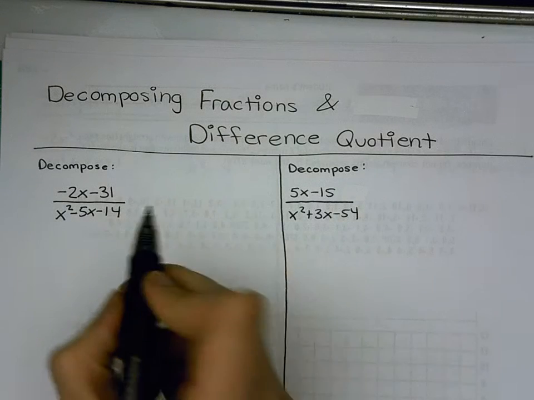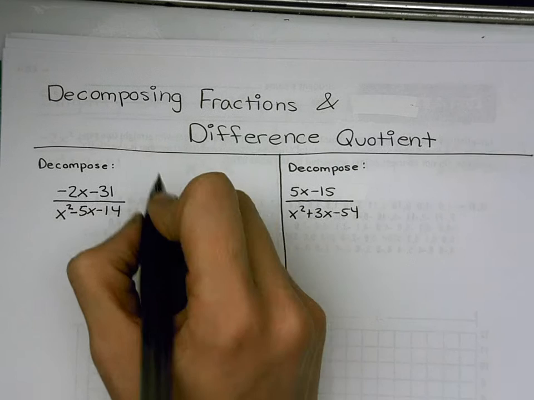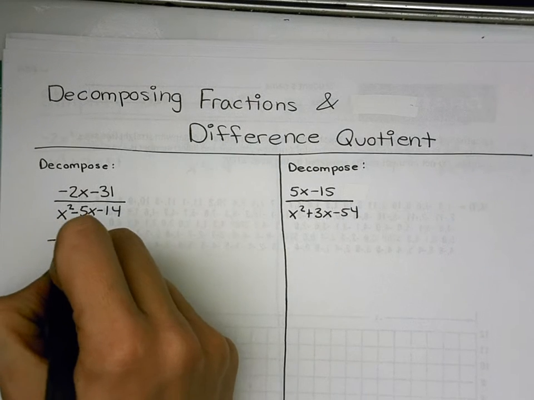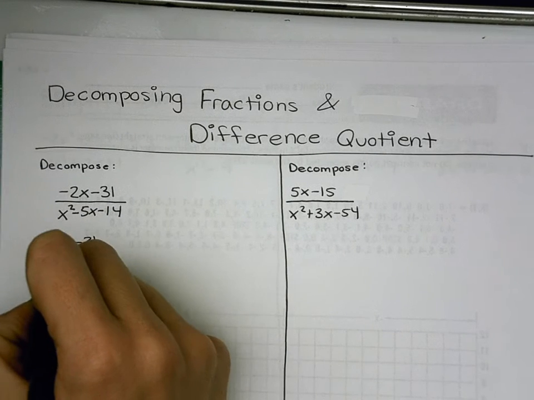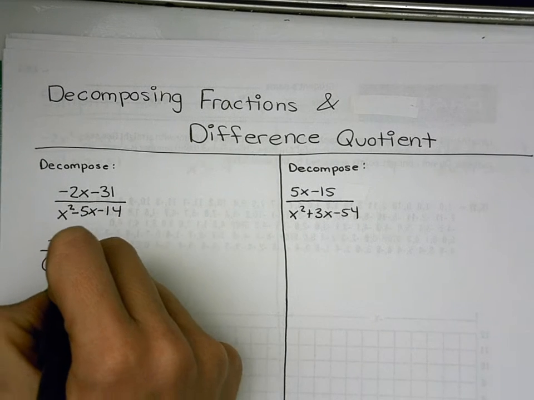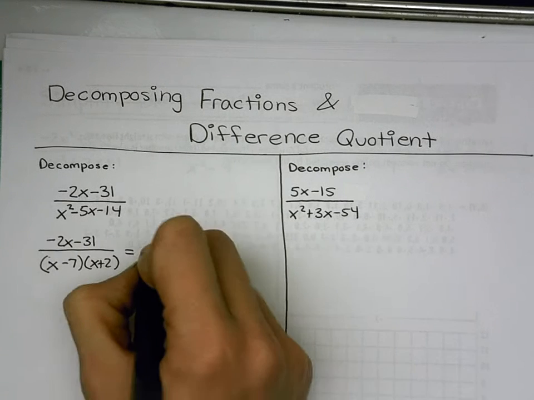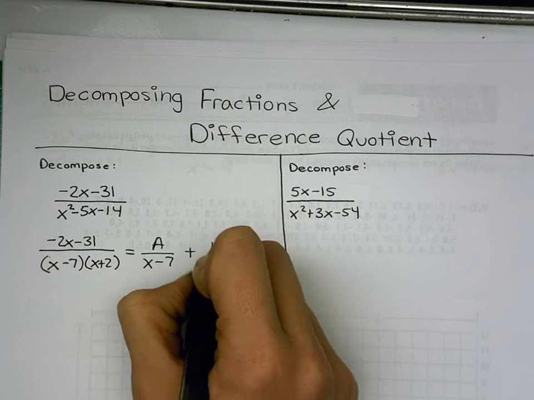Okay, decomposing the fraction, this one is negative 2x minus 31 over x squared minus 5x minus 14. That means this can be rewritten as negative 2x minus 31 over, if I factor that denominator, x minus 7 and x plus 2. One of these factors needs to be under my a, one needs to be under my b.